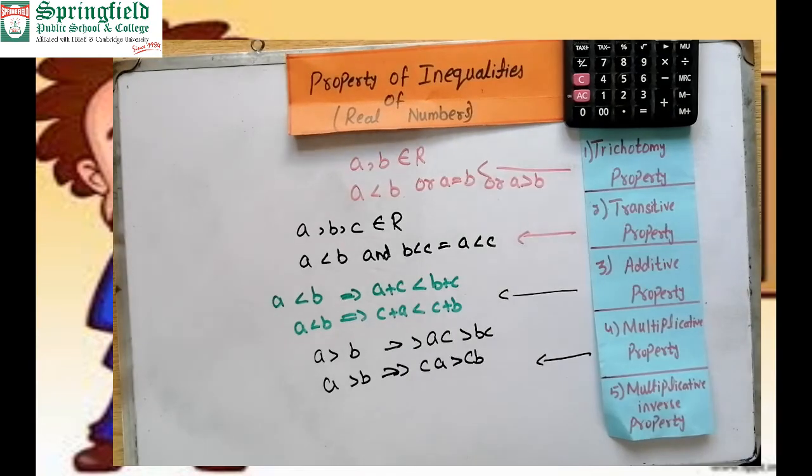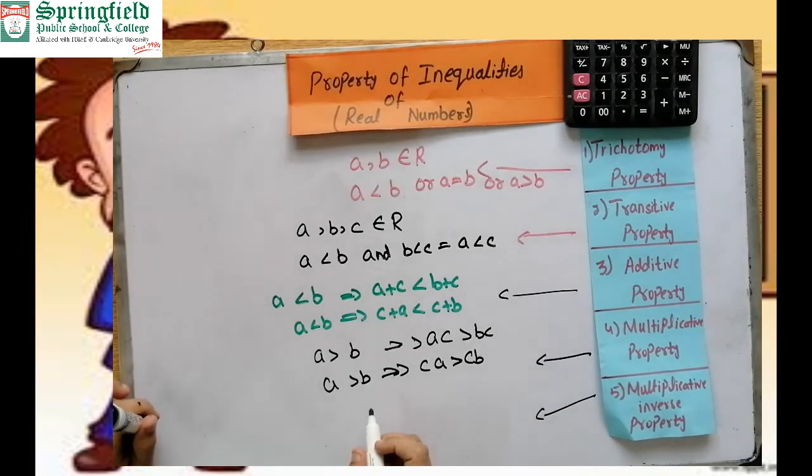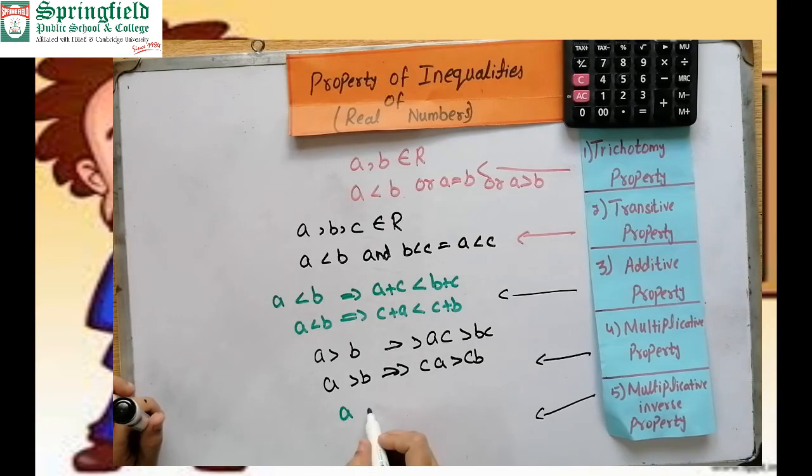Fine. Okay, now the multiplicative inverse property. This is the last property. The multiplicative inverse property means when A, B, C belong to the real numbers, then there is a category.